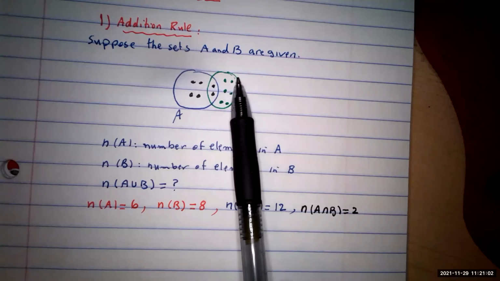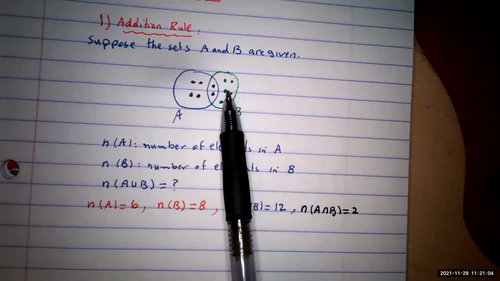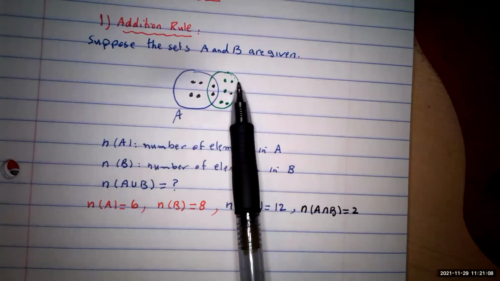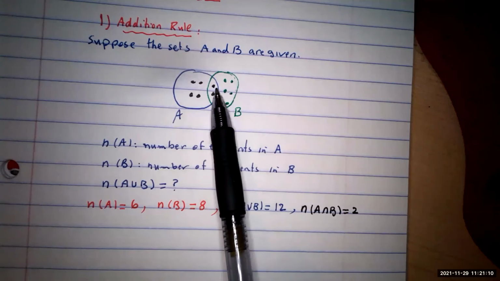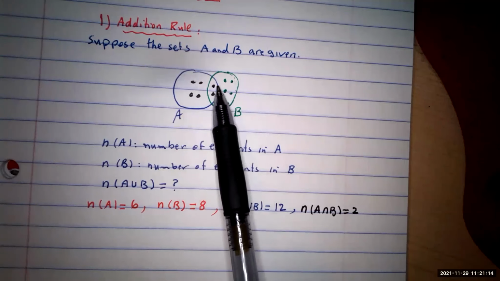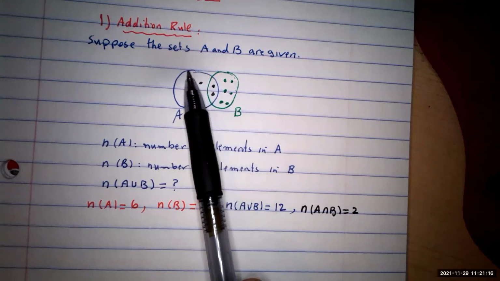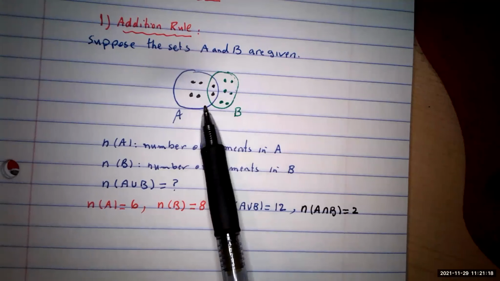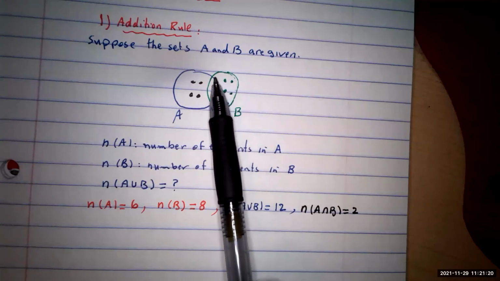And if you count the members in B, that would be 8 elements. So if you put them together, that gives you 14. But if you do 14, there are going to be some members that you counted twice. You see this black one? It's going to be counted once as a member of A and once as a member of B.